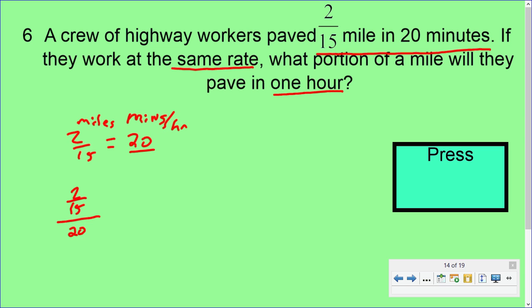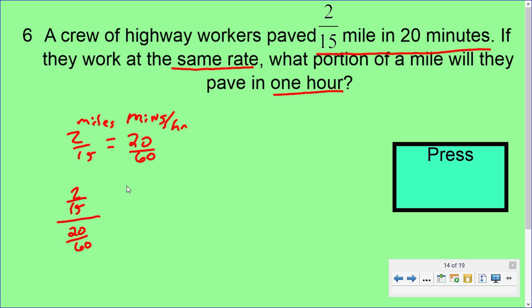So 20 out of 60 minutes in an hour. So my fraction denominator is going to change to 60. So my fraction will be 20 out of 60 as opposed to just a plain 20. Why? Because of this one word, hour. They went from one unit over here, minutes, to a different unit over here, hours. So you have to be careful and read carefully.